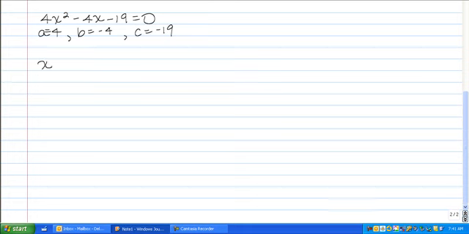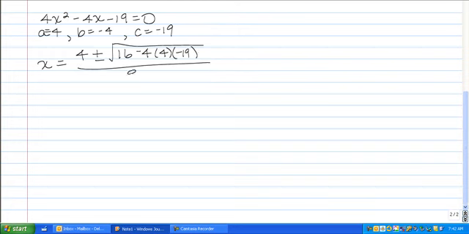So x would be the opposite of b, that would be positive 4 plus or minus the square root of b squared. -4 squared is 16, minus 4 times a times c, all over 2 times 4 would be 8.